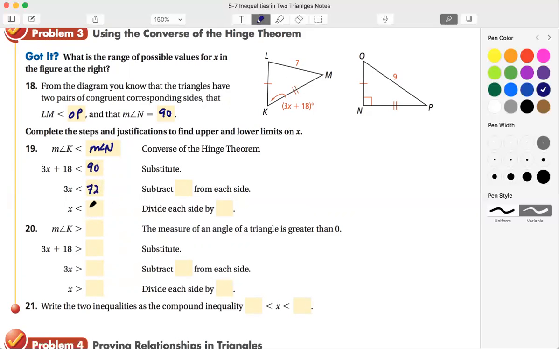Divide by 3, so x is less than 24. Okay. Measure of angle K is greater than 0. So 3x plus 18 is greater than 0. So 3x is greater than negative 18 when I subtract 18 from both sides. Divide by 3, and I get x is greater than negative 6. So putting these together, negative 6 is less than x, which is less than 24.